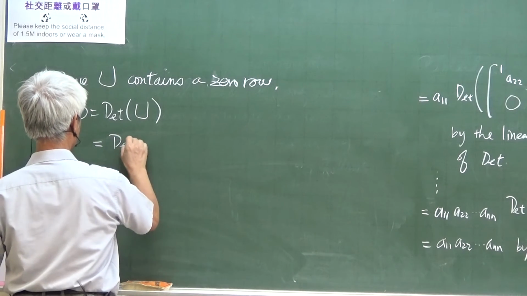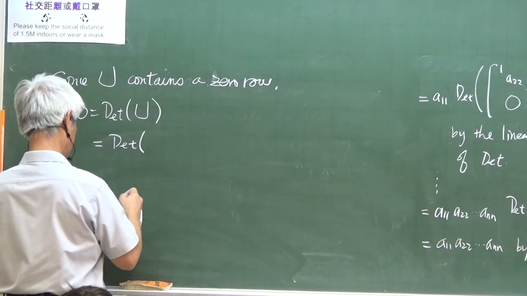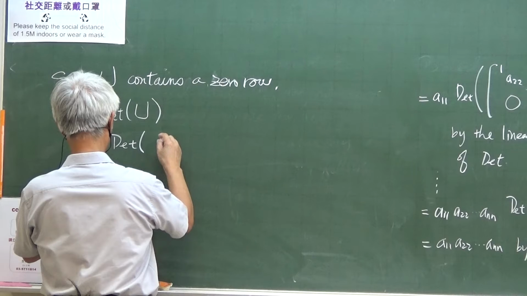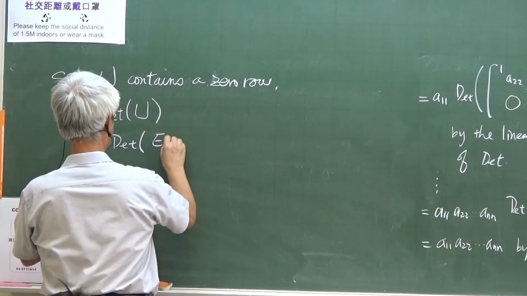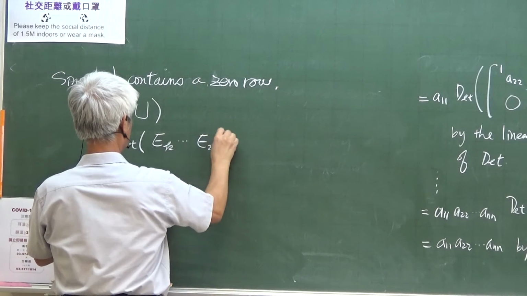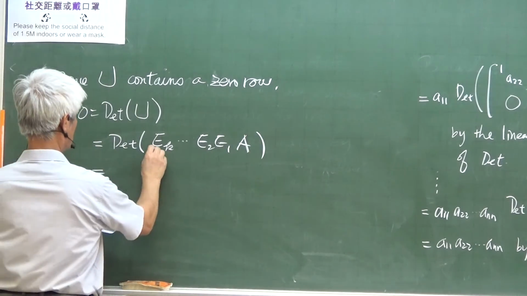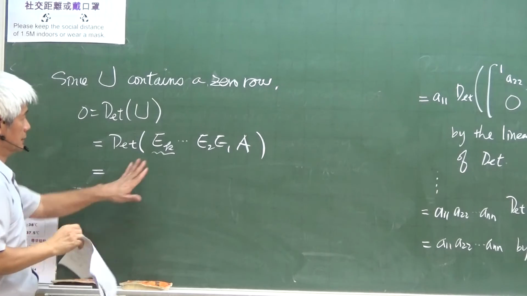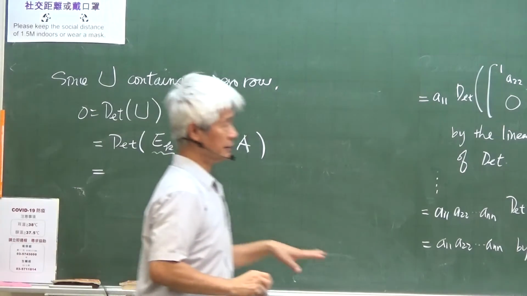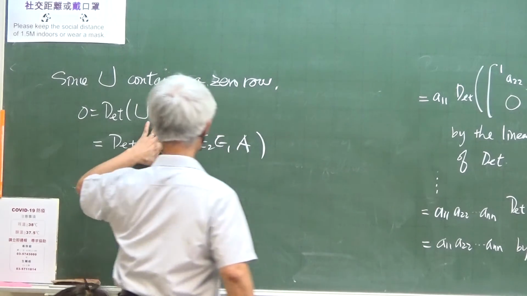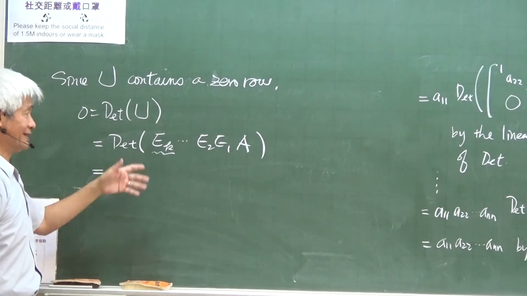But this is the determinant of Ek ... E2 E1 A. Now, Ek is either a permutation matrix, where you are doing the row exchange, or doing the replacement operation, or doing the scaling.